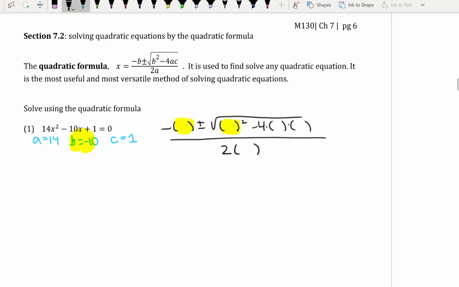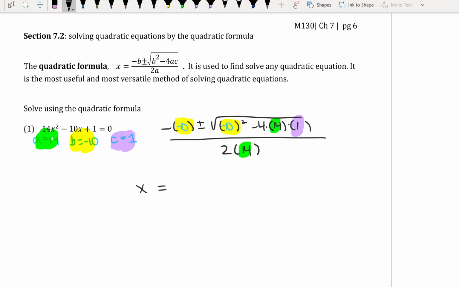So what I'm plugging in there is negative 10. Now my a value is here and here, and that a value is 14. And my c value goes in here, and that c value is 1.